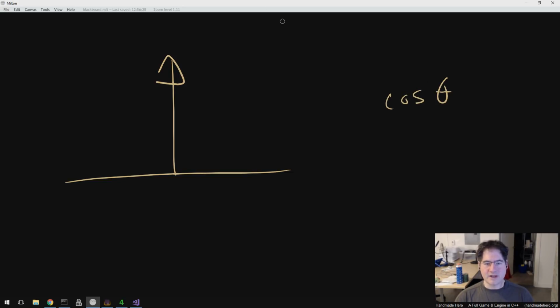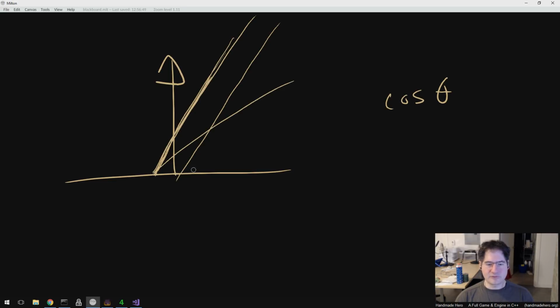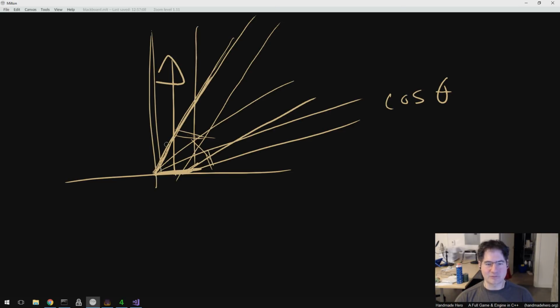If you imagine a shaft of light coming in, the steeper the shaft of light comes in, falling on the same area of a patch, the size of the shaft of light that can fall on that patch is much wider if it's coming in this way than if it's coming in that way, where it's much narrower.